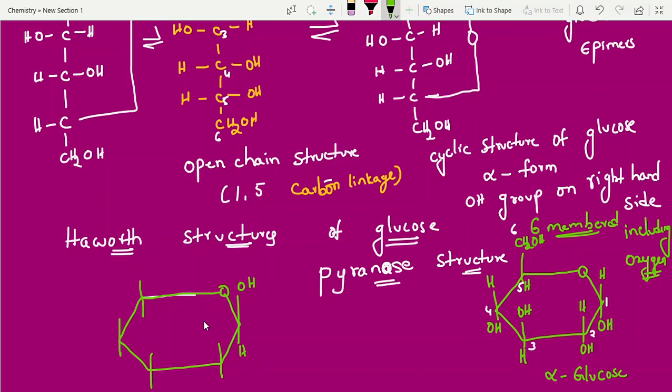Next ones remain as they are, no change. OH, H, H, OH. CH2OH and here H. Also write down the numbers 1, 2, 3, 4, 5, 6.